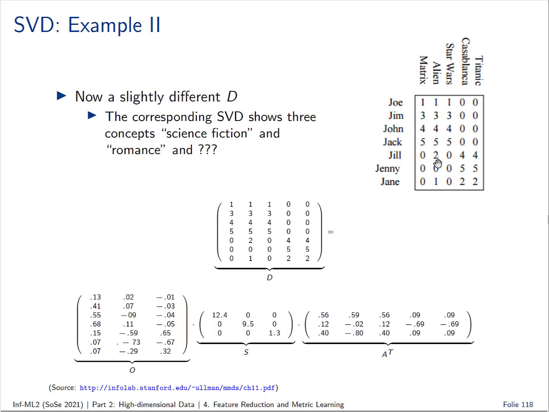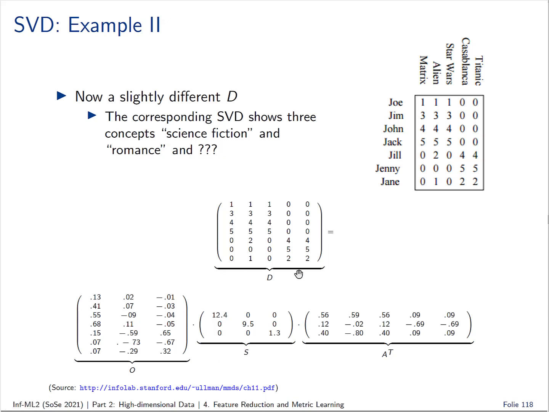But you see now we have two different ratings than before. So the whole thing is now not a clear two-concept thing, but we somehow have a third concept here, and that is also revealed if we do an SVD, singular value decomposition, of this data matrix. This is the new data matrix after we inserted a little bit of noise.